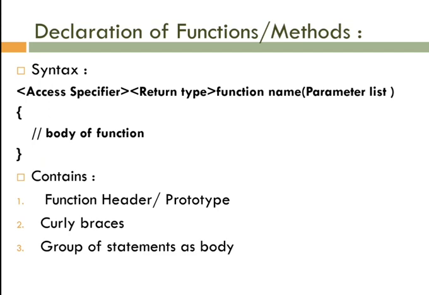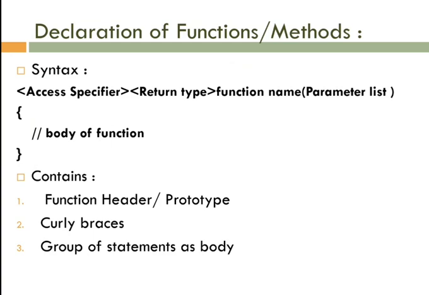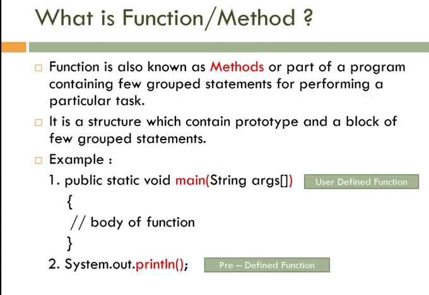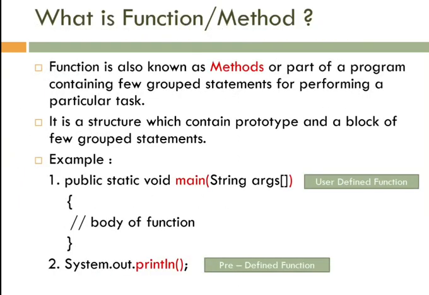Then the second one is the return type, which is void. Static is just a keyword. And then the function name, here main, the name of the function. Then a parameter list: string args is a parameter of the function main.